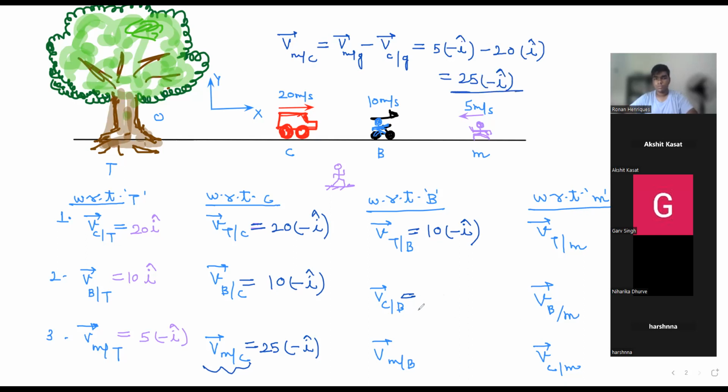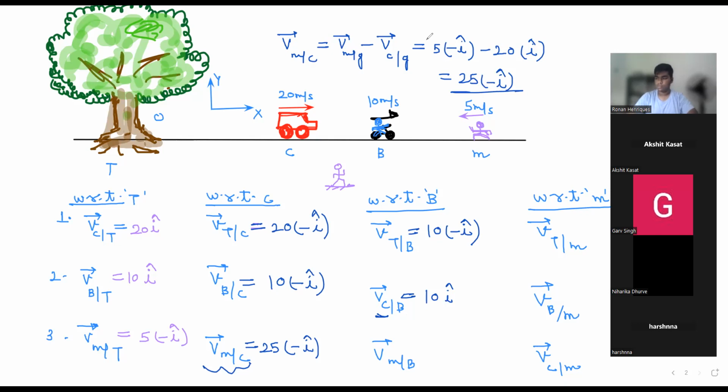Garv Singh, what is VCB? सर 10 I cap. Why minus I cap? VCG minus VBG करेगा ना बेटा, पहले से दूसरे को माइनस करेगा ना. पहले से दूसरे को माइनस करेंगे तो 20 में से 10 घटाएंगे, कितना आएगा बेटा?